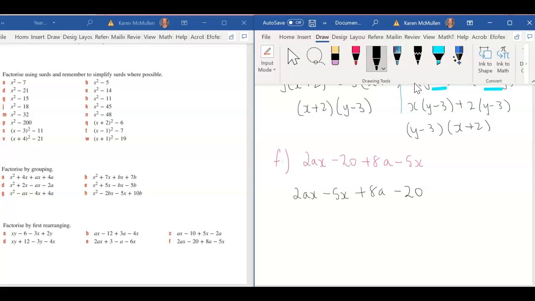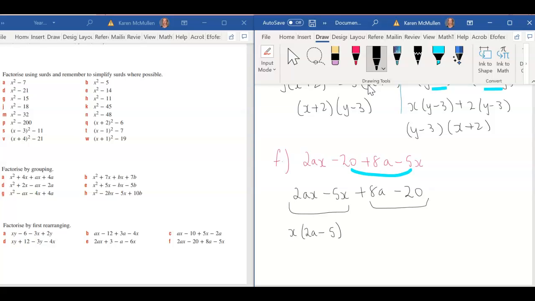So I've switched these two. All right, so grouping. Common factor for 2ax and negative 5x, that's just going to be x. So 2a minus 5. That means I want 2a minus 5 in the next one.